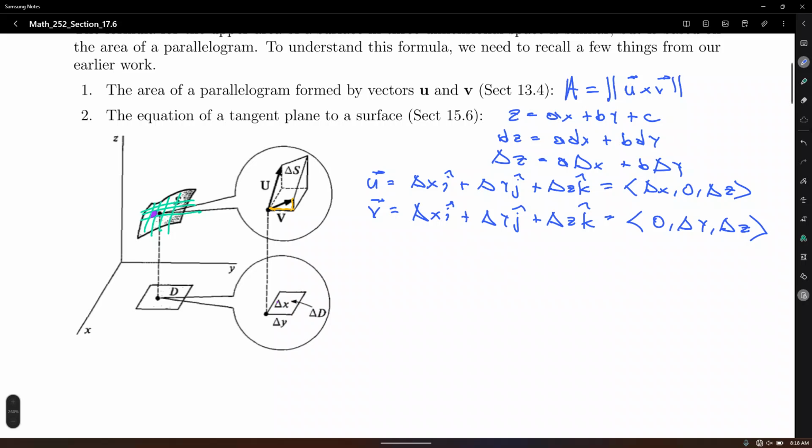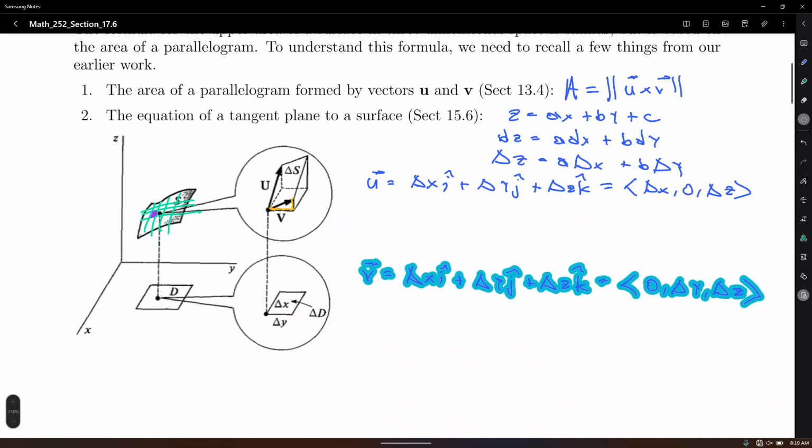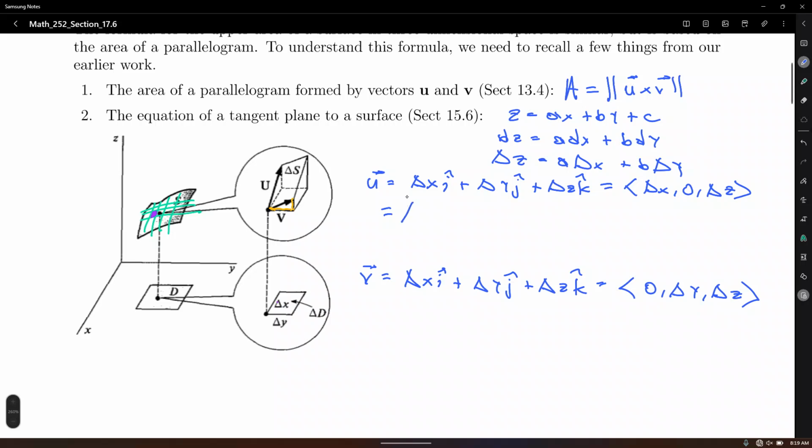So I'm going to replace. I think I need more space in here. So I'm going to write delta x, 0, delta z, but delta z is a delta x plus b delta y.